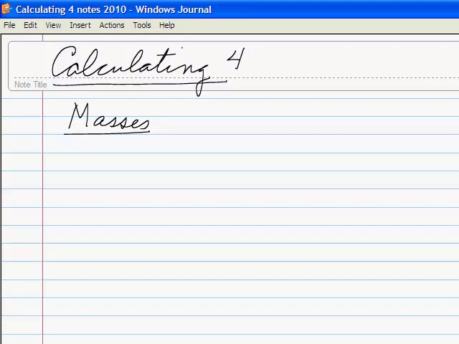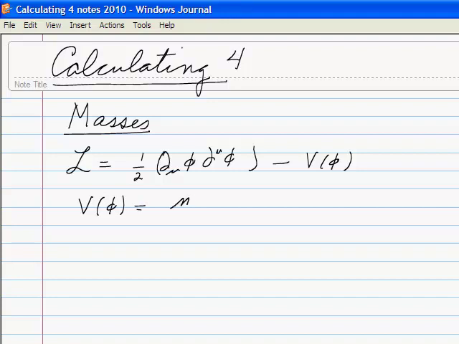I've set you up for this with a couple of homework problems. But for the first one, let's take the case where we have a scalar field, and then there's some minus V of phi. In case number one, we'll take V of phi to be m squared over 2 phi squared plus lambda over 4 phi to the fourth.